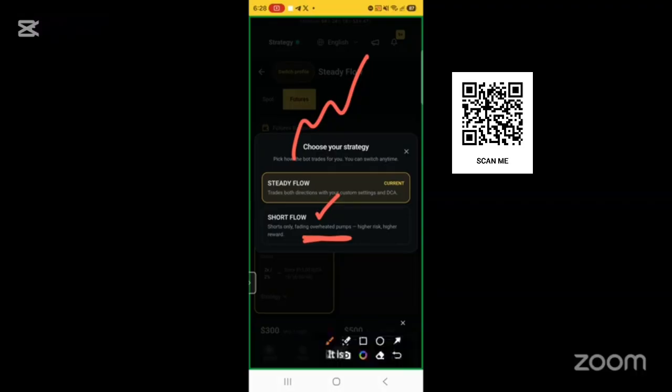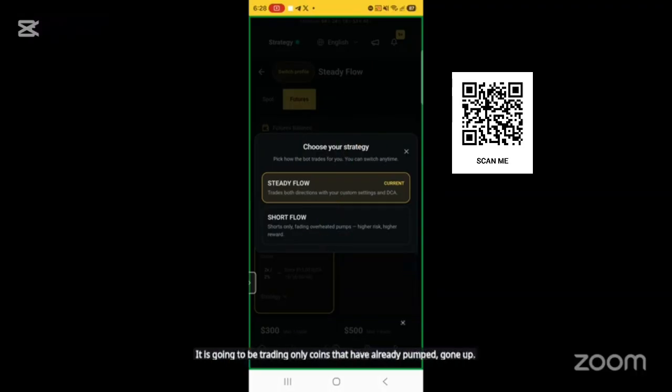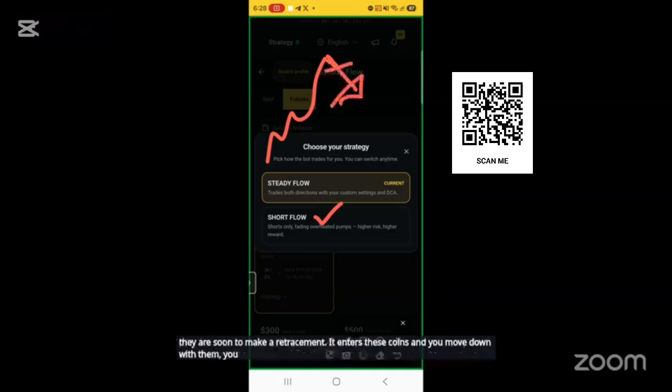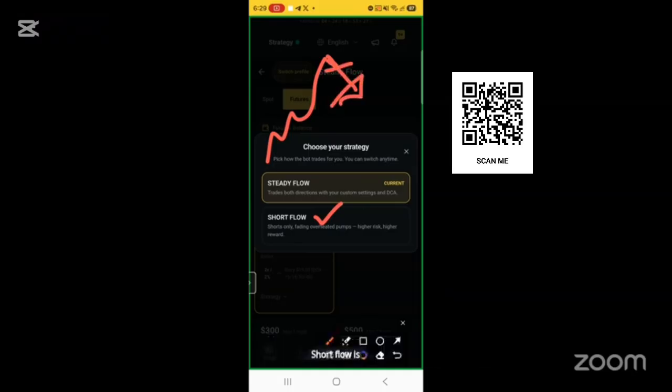So it is going to be trading on coins that have already pumped, gone up, maybe they are exhausted, and are soon to make a retracement. It enters these coins and you move down with them, you make a profit. So short flow is going to only be trading shorts. No long will be executed here.